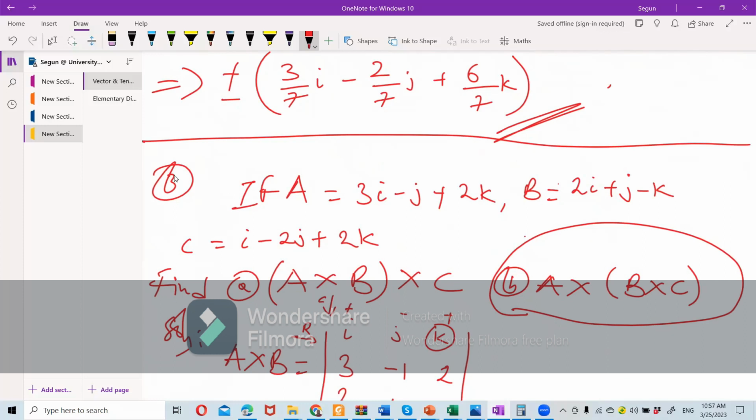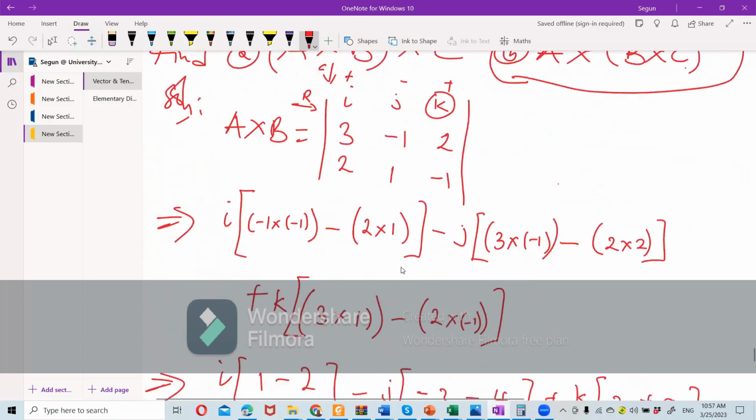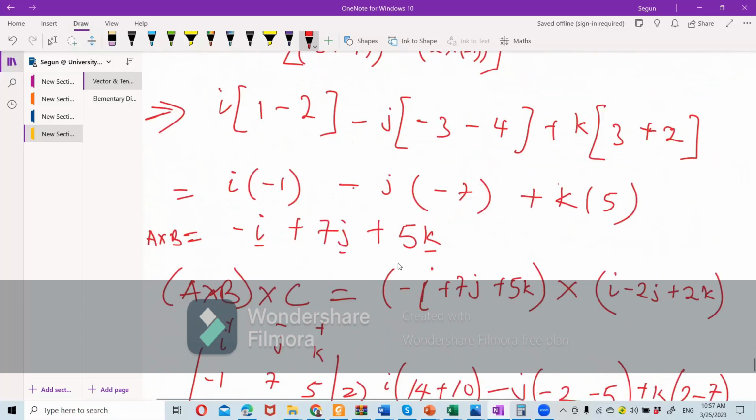Then you now do A cross B cross C. But don't forget, you have to do B cross C first before you go back and do A cross BC. Please take note of that. You can do that on your own time, and make sure you post the answer later today on the platform.